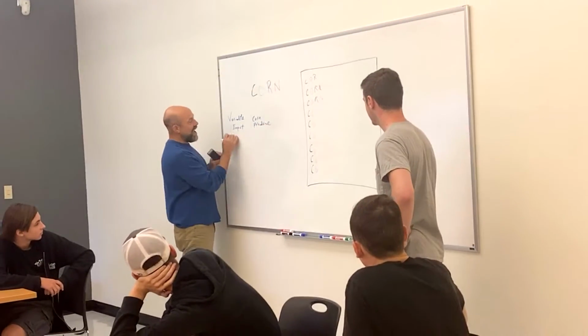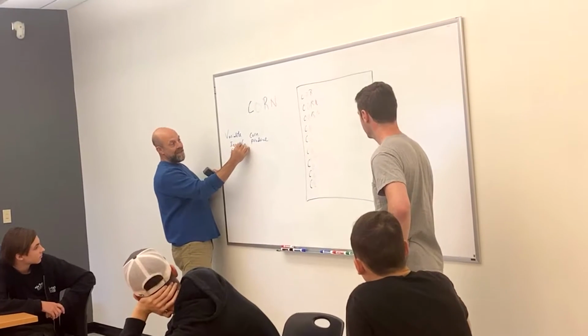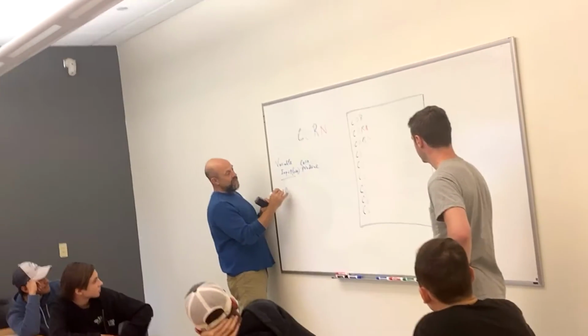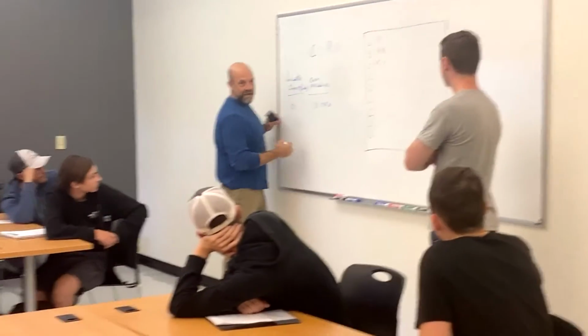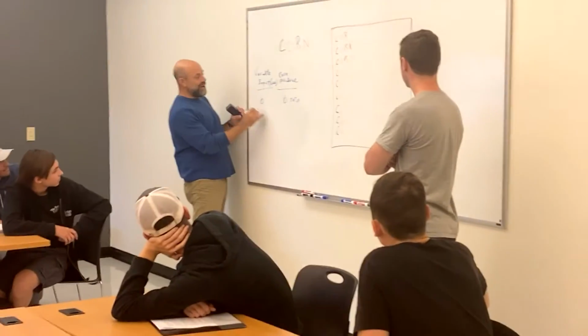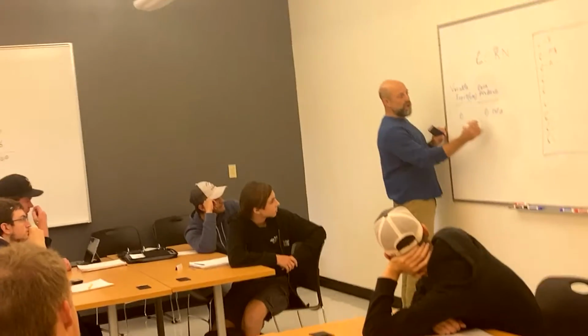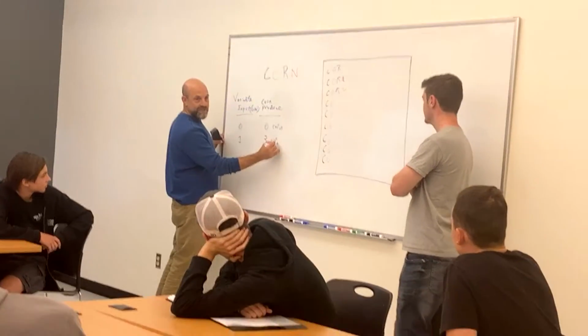So, of course, if we have 0 units of labor, then we produce 0 units of corn, right? But with 1 unit of labor, we're able to produce 3 units of corn, right?